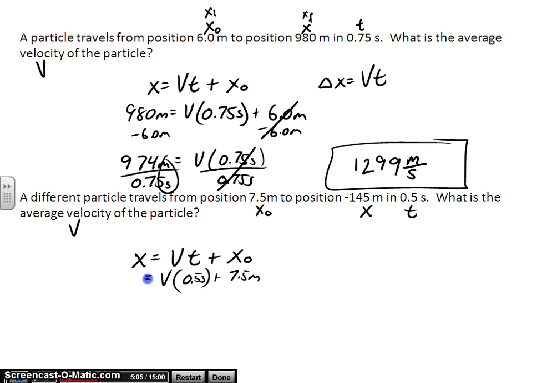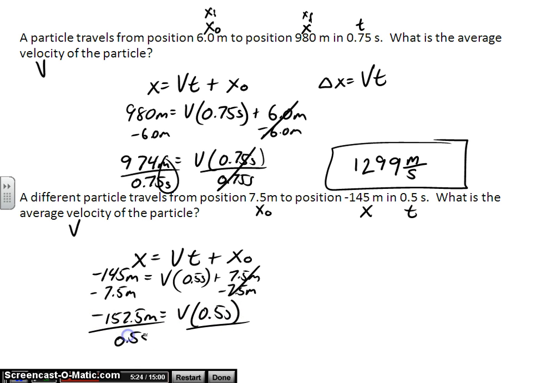Let's plug in. I have velocity, which I don't know, and negative 145 meters. Subtract 7.5 from both sides. Looks like I have negative 152.5 meters equals v times 0.5 seconds. Divide both sides by 0.5 seconds. 152.5 divided by 0.5.